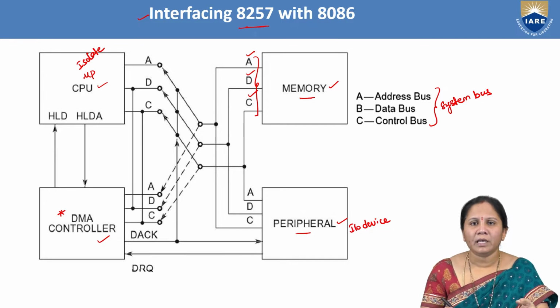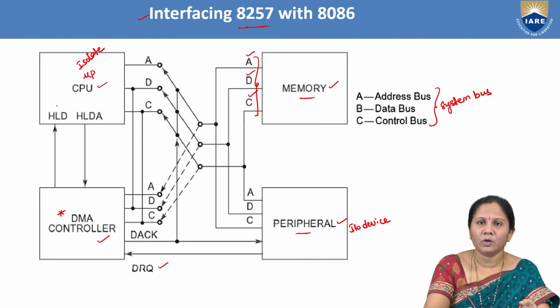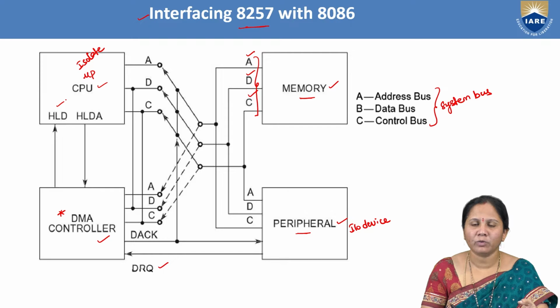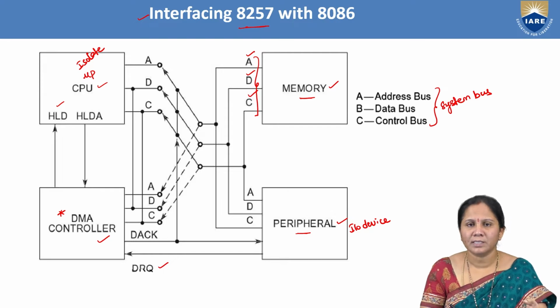Now, how the data rate will be increased by using this DMA controller: initially the peripheral devices will send the DMA request signal to the DMA controller. Then the DMA controller will send the hold signal to the 8086 microprocessor asking for the system bus.